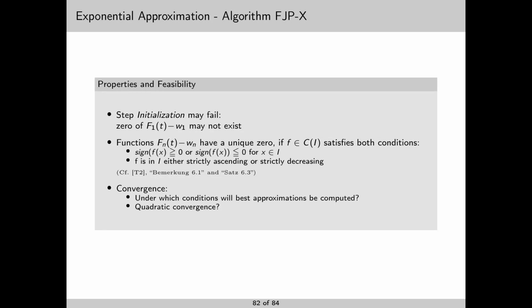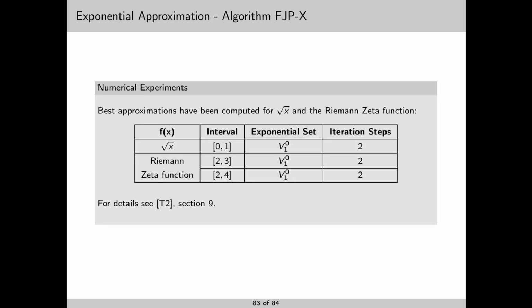And again, for FJP-X too, convergence is not guaranteed. Nevertheless, as this table shows, FJP-X turned out quite efficient in calculating approximations for the square root of x and the Riemann-Zeta function. You find these calculations in detail in reference T2.